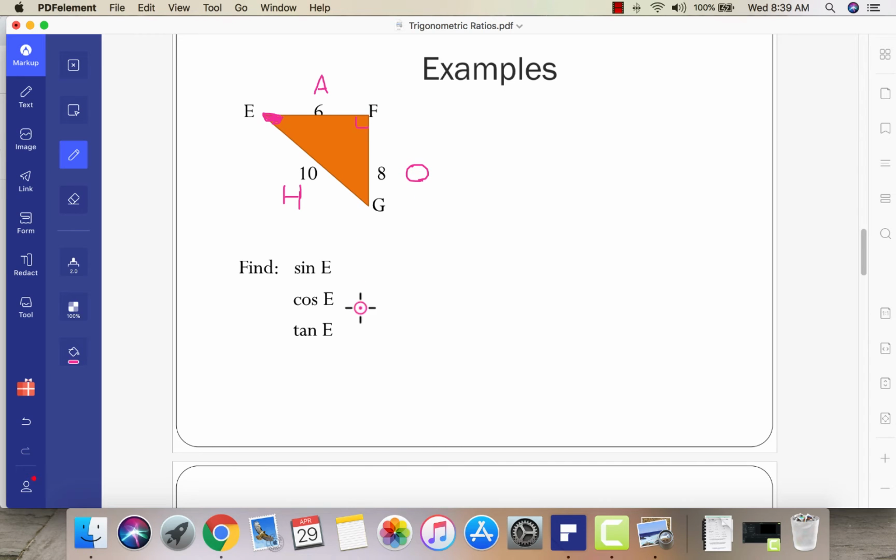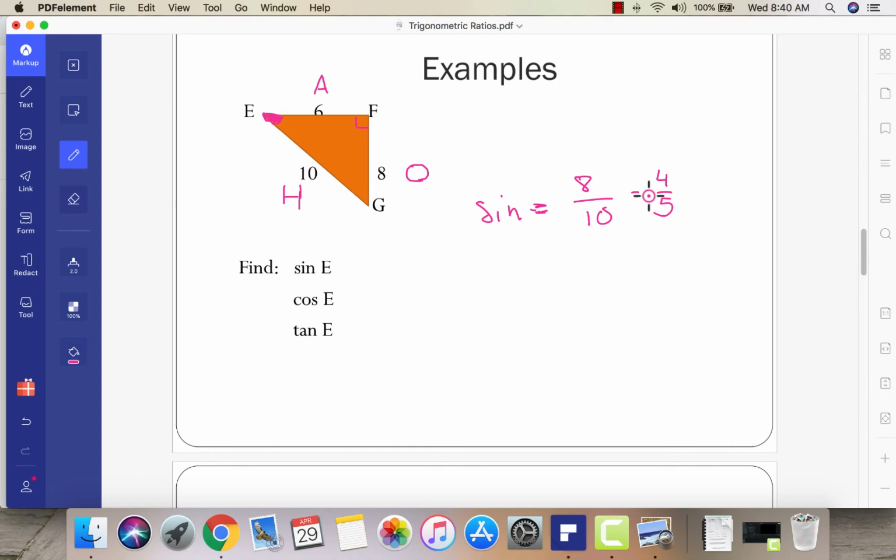Now sine is opposite over hypotenuse. So we're going to take the opposite side, which is 8. So sine is going to be 8 over hypotenuse, which is 10, and 8 over 10 reduces to 4 over 5.